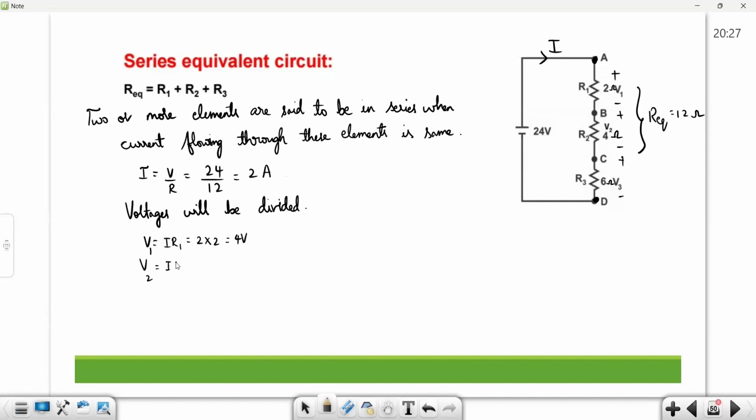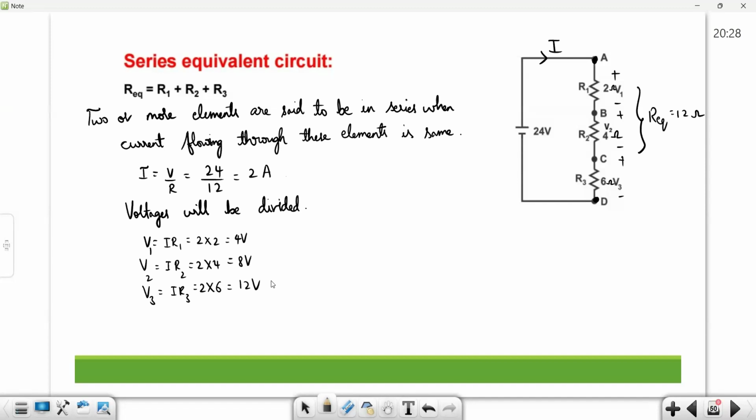V2 is equal to I into R2, which is 2 into 4, equal to 8 volts. V3 is equal to I into R3, that is 2 into 6, equal to 12 volts. In this manner, you can find them.